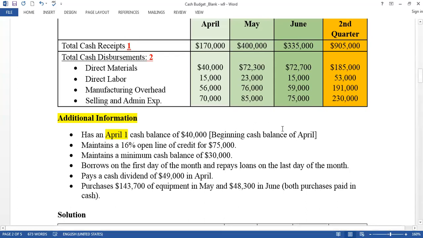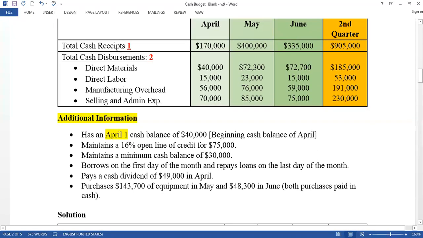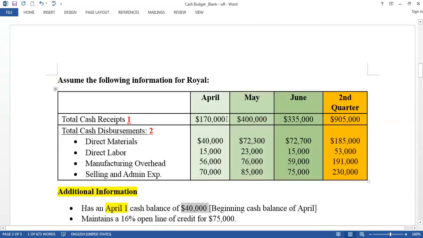You know that in April, we have 1st of April, the beginning of the month, and 30 April is the last day of the month. So the question gives you that when we start in the month of April, before collecting this money, look at it, this is the money you are going to collect, right? This is the $170,000 you are going to collect from your accounts receivable.